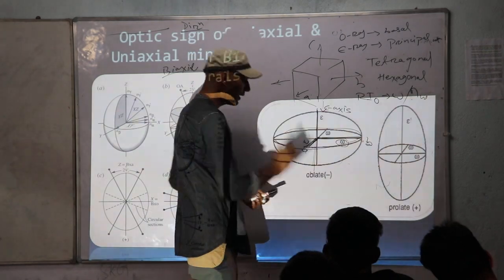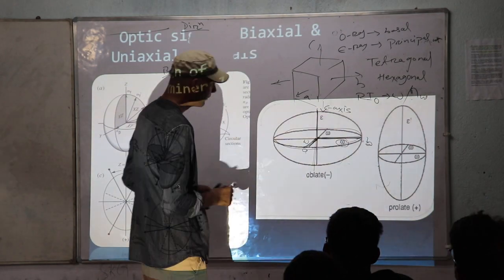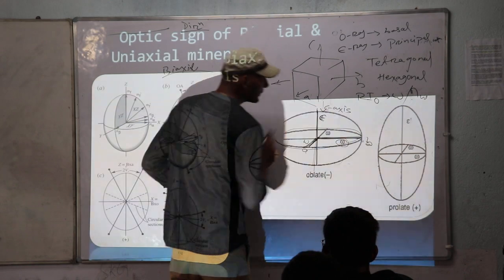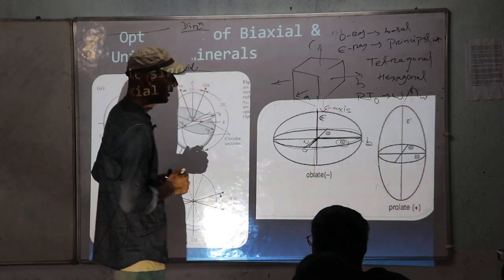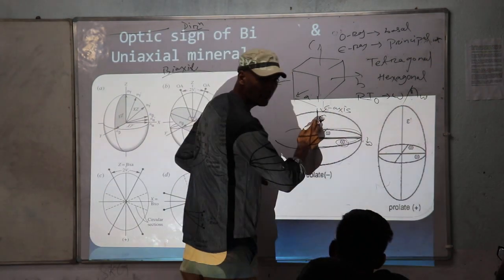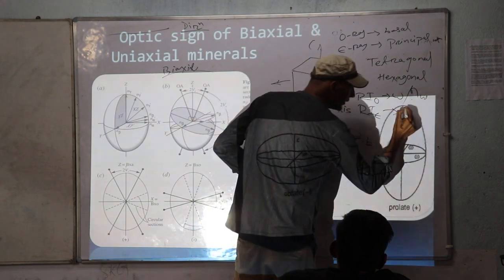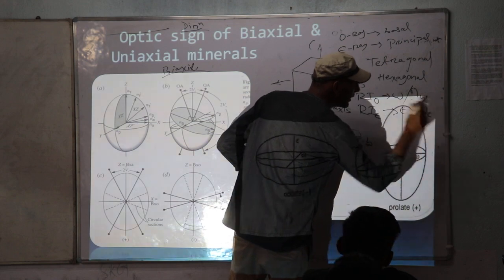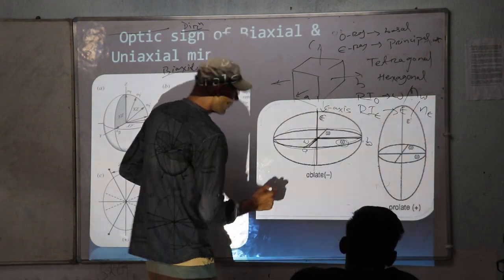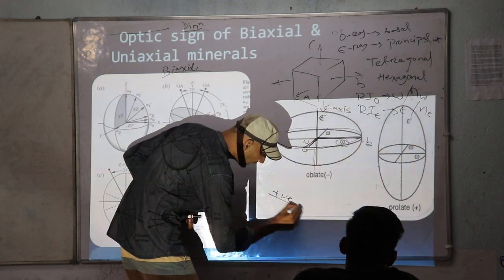Then talking about extraordinary, what will happen? Here it is epsilon. Epsilon is the refractive index. The refractive index of the E ray will be epsilon, or you can take n epsilon. Talking about a positive mineral, what happens?